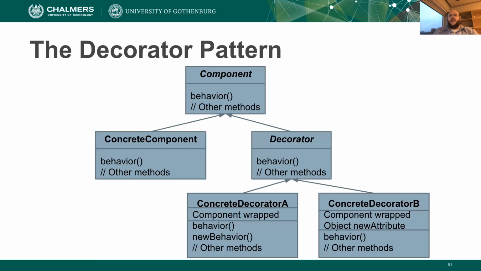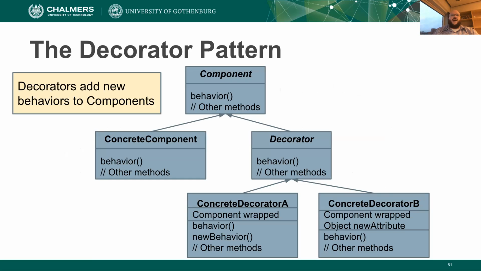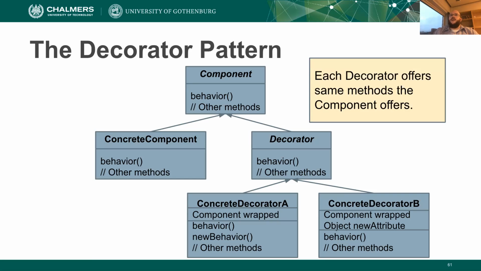So what does this look like? Well, we've got two concepts called components, which get decorated, and decorators, which wrap around components. We deal with two levels of inheritance, right? So we have a base component that all concrete components inherit from. And these components are what we dynamically add behavior to. We have a base decorator that defines what all decorators must do, what methods they must offer.